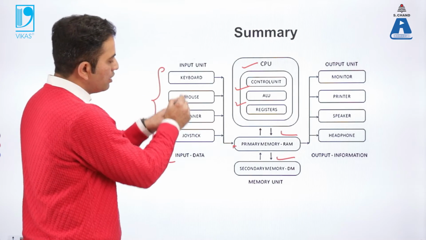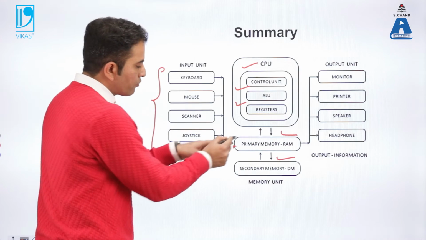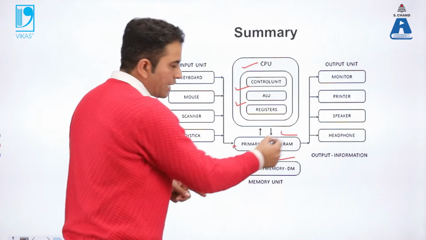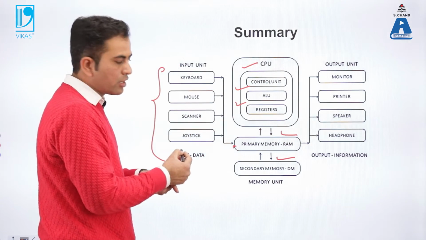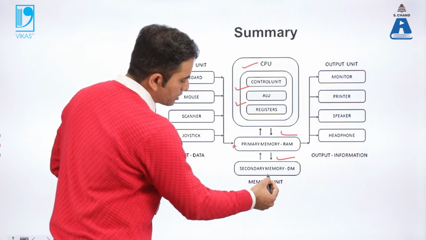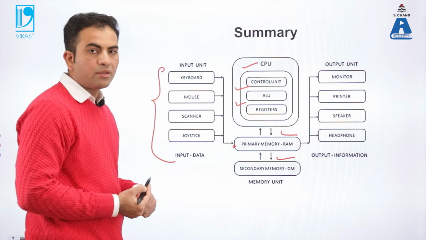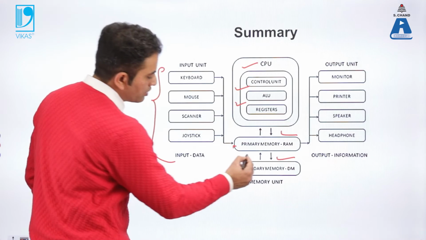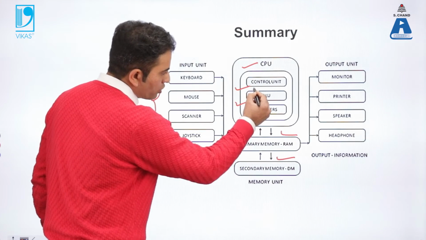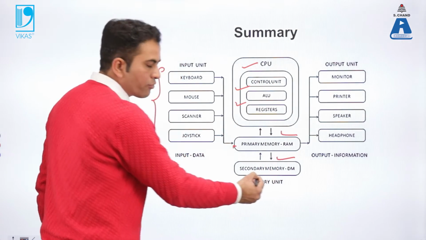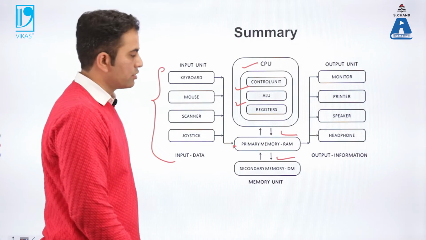Whatever you are typing, first it goes into the RAM. From the RAM, the CPU executes those instructions. If required, it saves the instructions into our secondary device. See, it's a two-way: it goes to the CPU and comes back from the CPU to the hard disk.